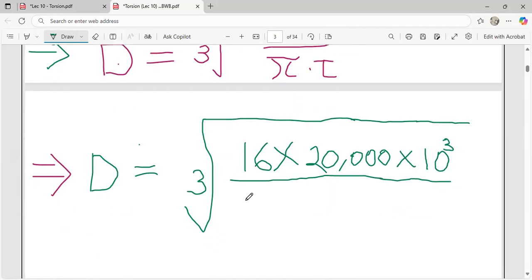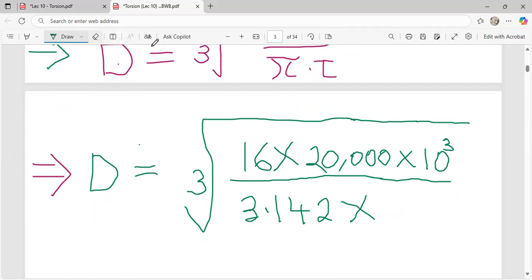So the pi we are using is 3.142, times the shear stress. And what did you say is the value of the shear stress?